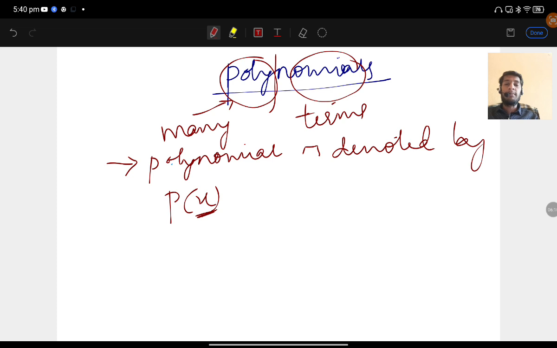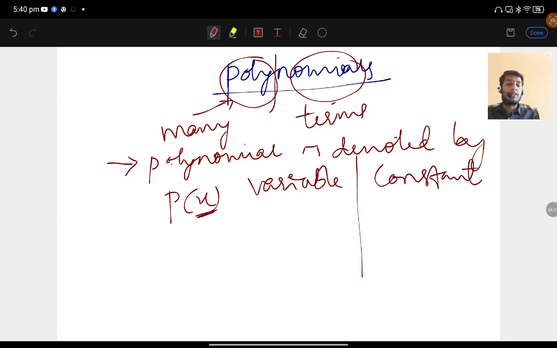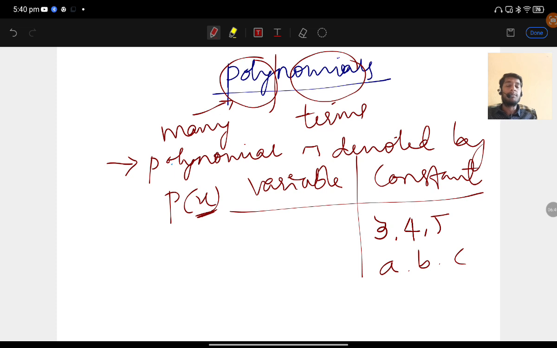You are very familiar with variables. Next, some people could have difficulty understanding variable and constant. So what actually does variable mean, and what does constant mean? Dear students, constant means we use values like 3, 4, 5, small a, small b, small c.